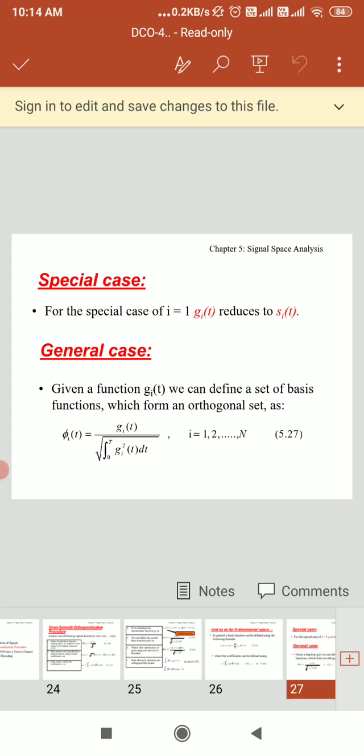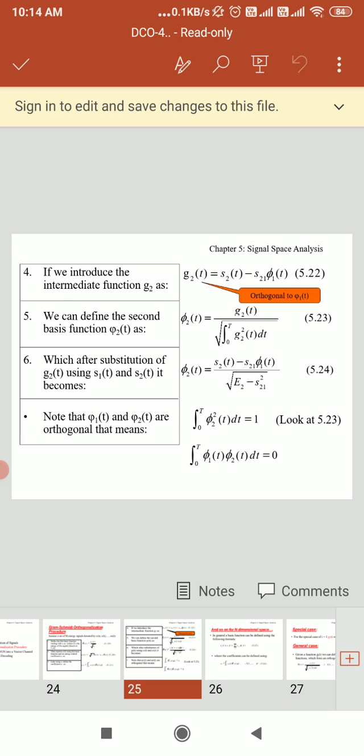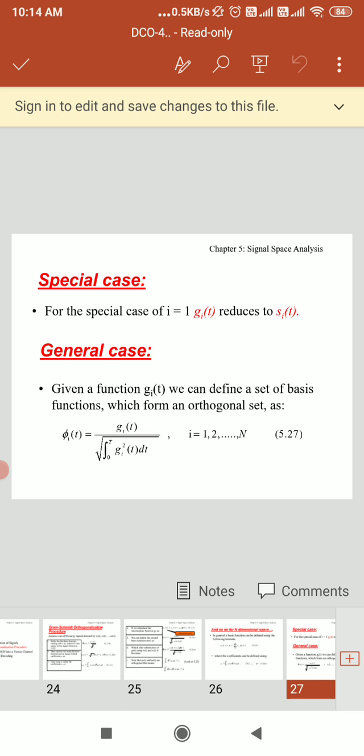You will get phi i of t equal to gi of t upon square root of integration 0 to T gi square of t dt. That equation we have seen here, equation 5.23, when we studied the Gram-Schmidt orthogonalization. We are defining the orthonormal basis functions in the form of intermediate functions: phi i of t equal to gi of t upon square root of integration 0 to T gi square of t dt, where i equal to 1 up to n.